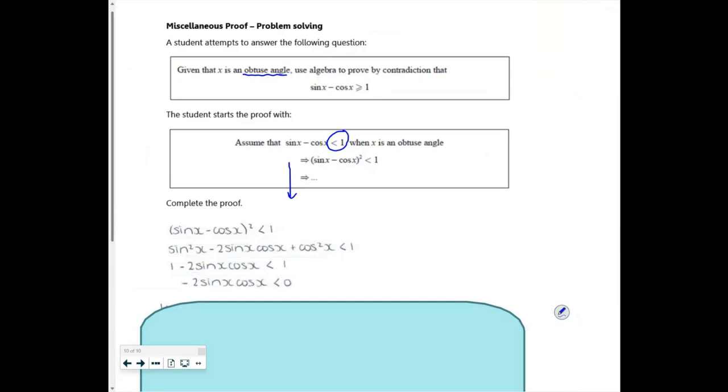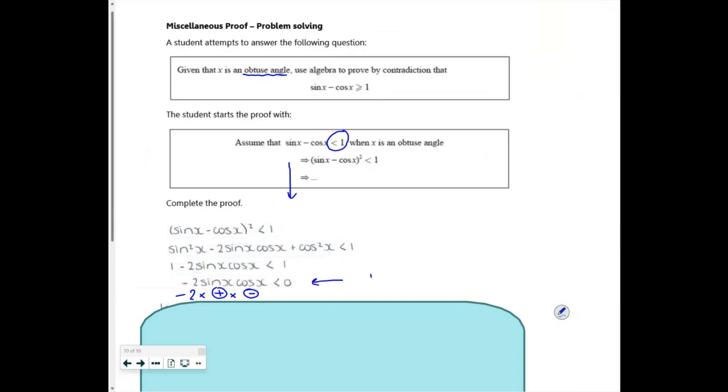So if this is obtuse, I've got a -2 multiplied by sine, which is a positive number, multiplied by cos, which is a negative number. The left-hand side becomes a positive number, but the right-hand side is a negative number.